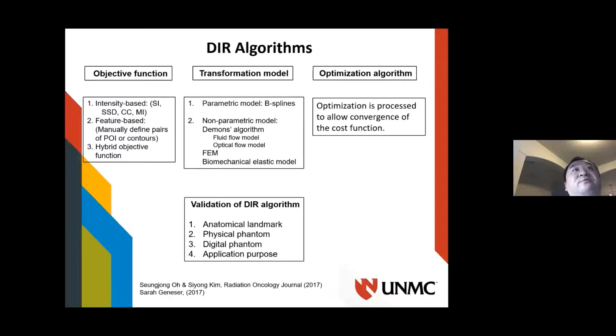In summary, you build up an objective function to optimize the transformation from your moving study set to the target study set. And then you need a transformation model to help you make this transformation. There are two major algorithms. One is B-splines, which is used for Velocity.